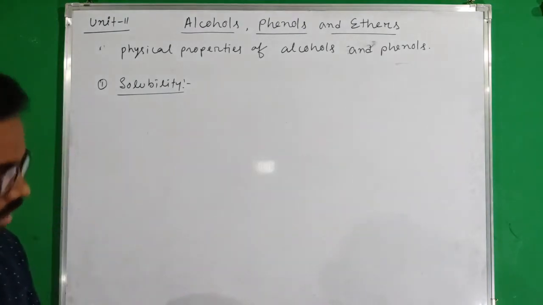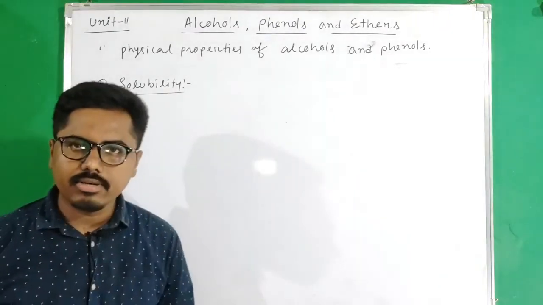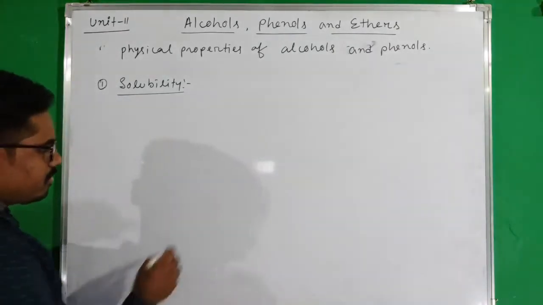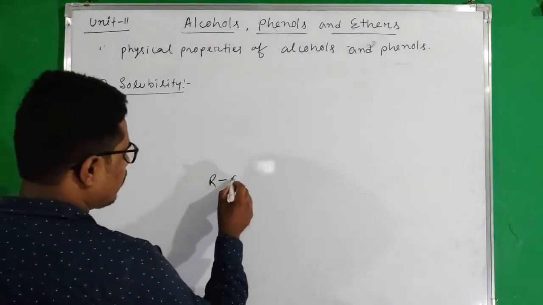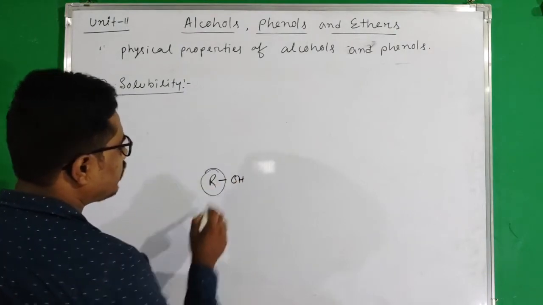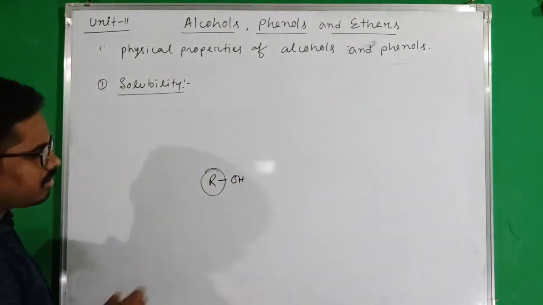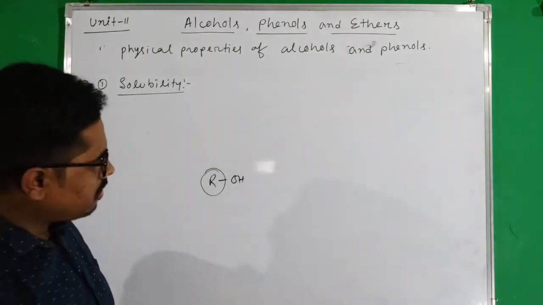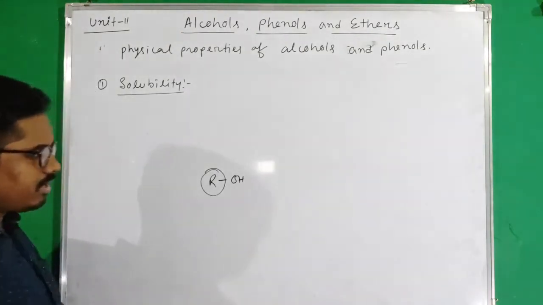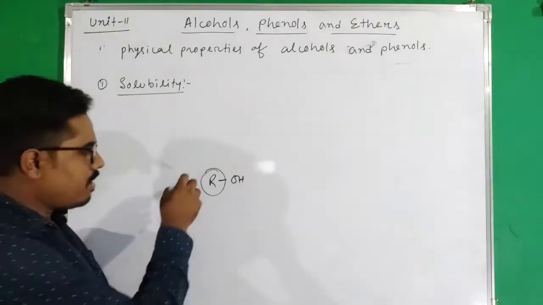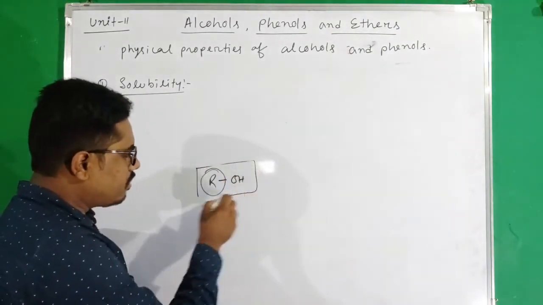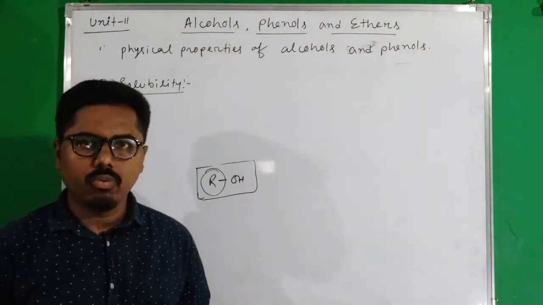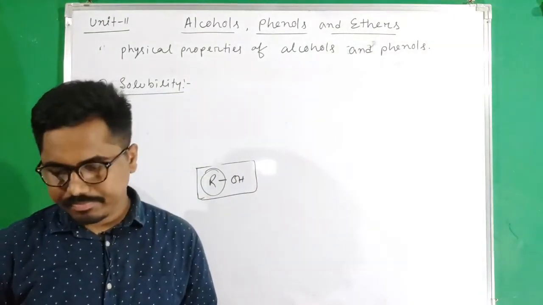But higher alcohols are insoluble in water because in higher alcohols the alkyl group is very large. Therefore, due to steric hindrance the hydrogen bonding becomes weak, and hence the higher alcohols are insoluble in water, okay.